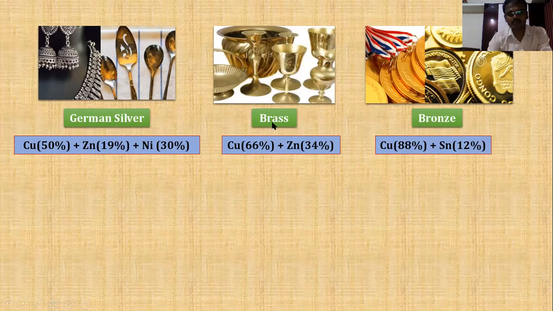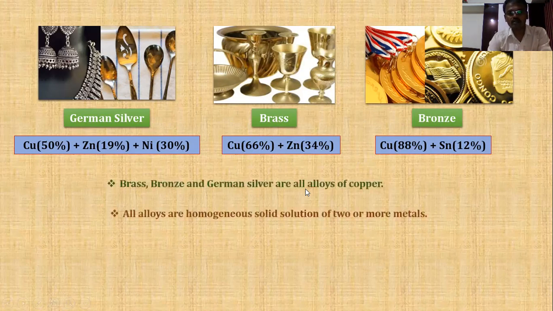Right. So that means German silver, brass, bronze, which are used to make articles like jewelry, tableware, and articles related to puja, medals, and coins, which are all very essential in our day-to-day life, isn't it? So they are all necessary for us, and they are all alloys, and all those alloys are what?